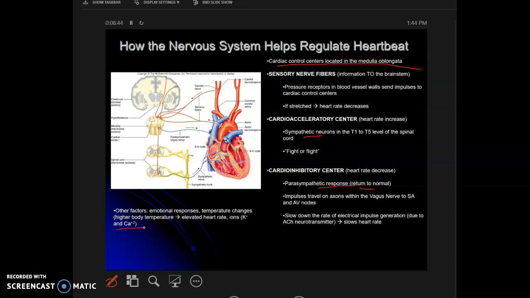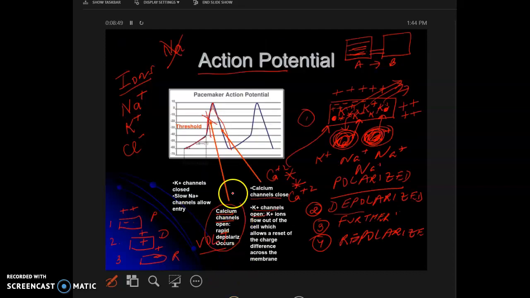Now, if there's more calcium, what do you think is going to happen? If there's more calcium, you are going to increase the rate as well as the force of contraction. We will talk about this later on.